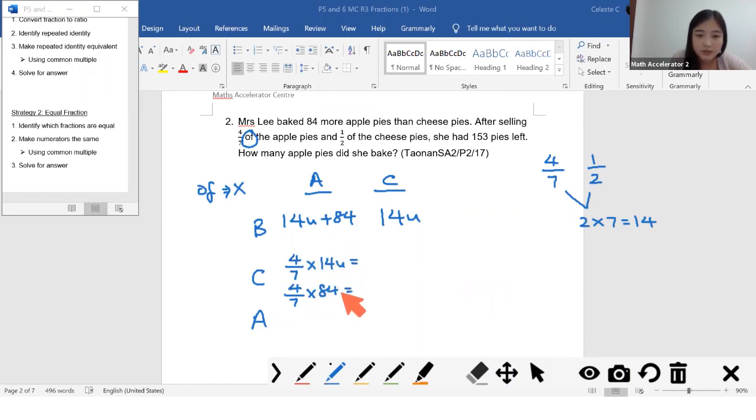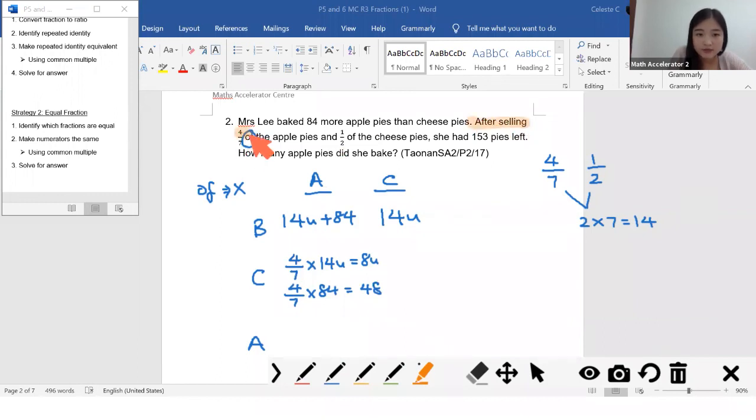So how many units and how many apple pies were sold here? Calculate it. Correct, 8 units. And 4/7 times 84. 48, good. Okay, this is how much was sold, right?